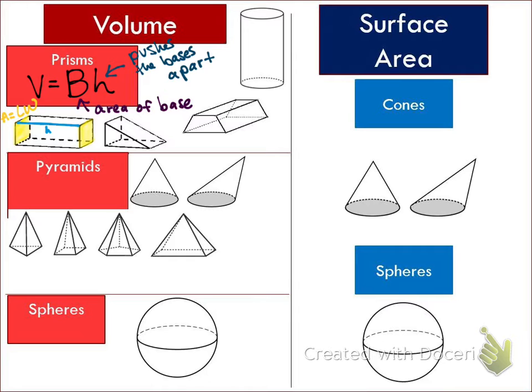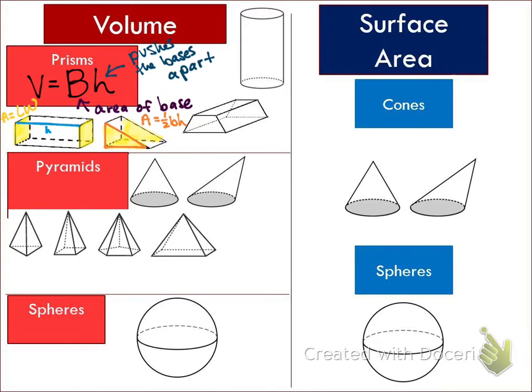Because the next shape, what kind of prism do we have? Triangular. So we're going to highlight the front. And to the best of your ability, highlight the back. What is the area formula for a triangle? 1/2 base times height.